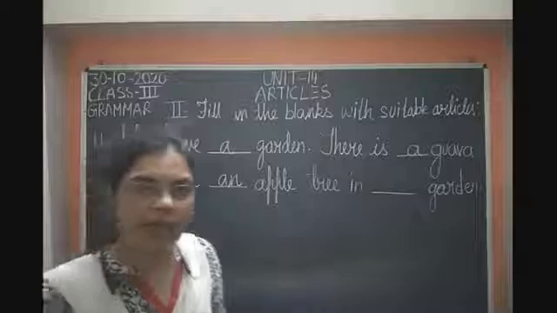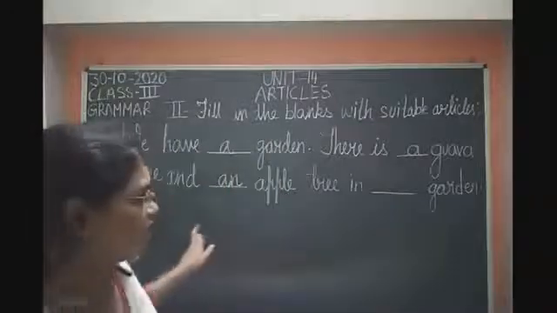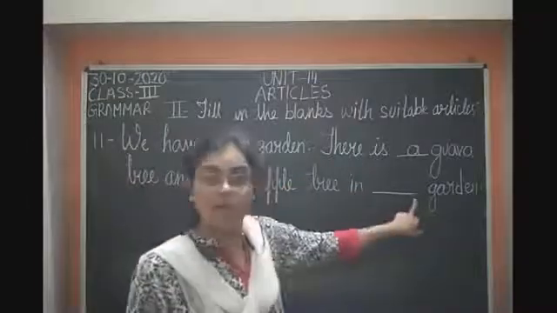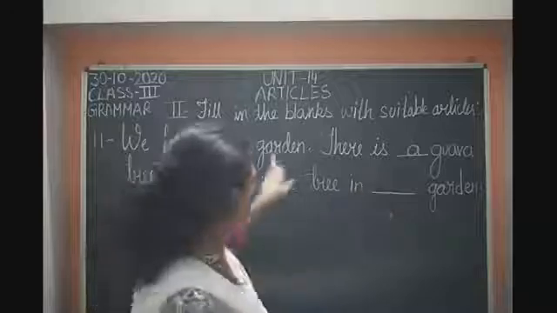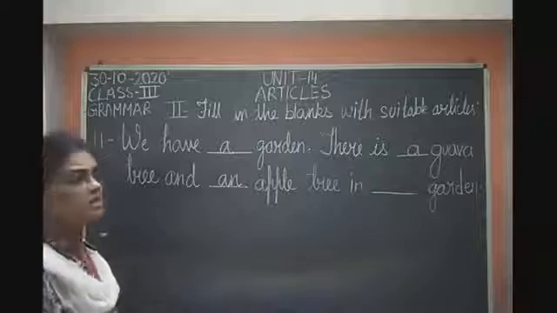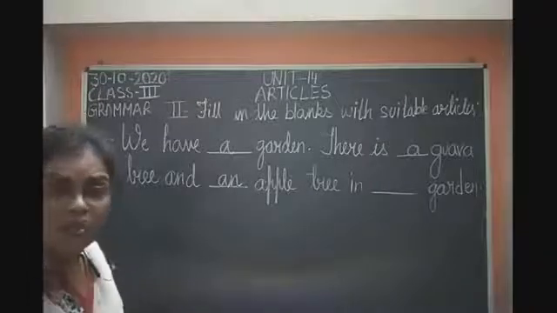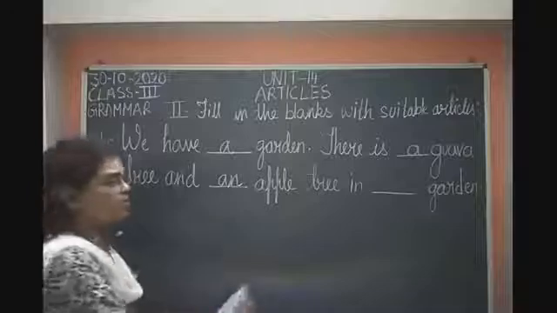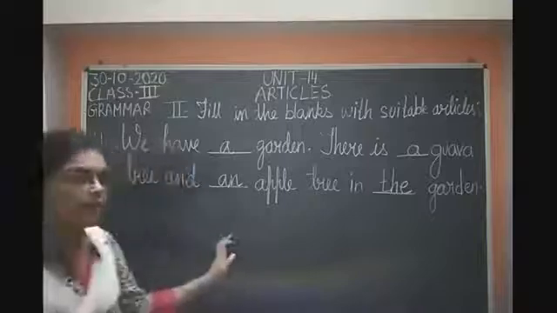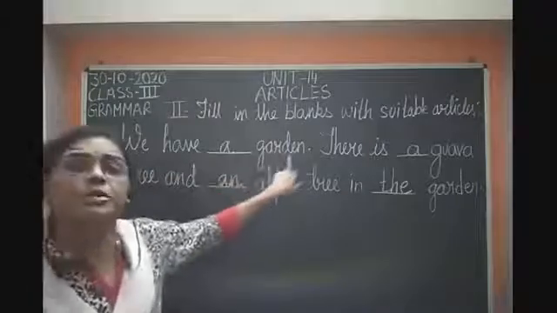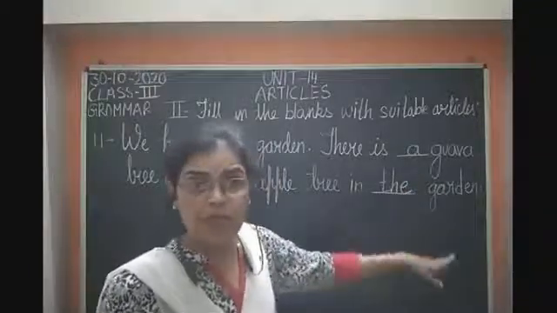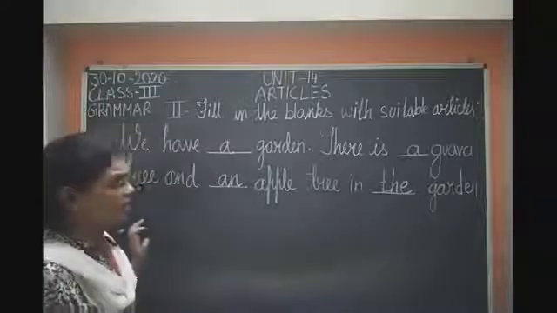We have a garden, हमने एक जनरलाइज बात की कि we have a garden, है ना. और उसी गार्डन में there is a guava tree and apple tree. Now here the garden, that noun is being repeated and we are talking about this particular garden, है ना. तो जब भी कोई नाउन रिपीट होता है बेटा सेकंड सेंटेंस में या पैराग्राफ में, तो वो स्पेसिफिक हो जाता है कि हम उसी पर्टिकुलर नाउन के बारे में बात कर रहे हैं, तो we always use the definite article the. ठीक है, गार्डन पहले सेंटेंस में रिपीट हुआ था, इसीलिए हमने यहाँ पे गार्डन के सामने क्या यूज किया है। अब जब फिर से रिपीट हुआ है तो the.